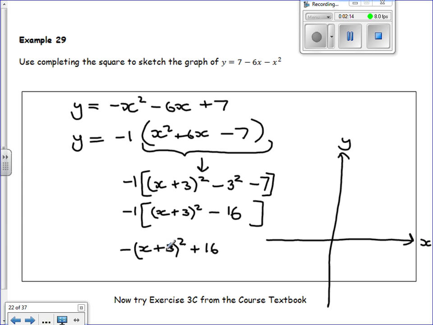So we know our vertex is at minus 3, 16. So we've got our vertex up here, and we know it's a negative parabola.